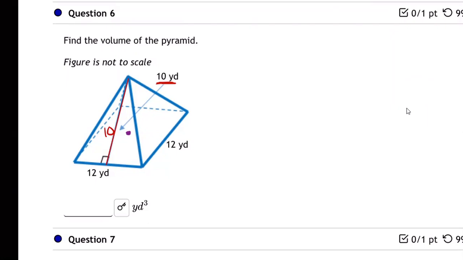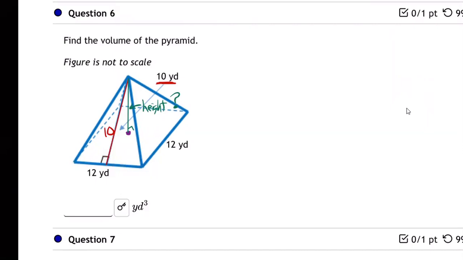And I'm going to go straight down from the top, straight down at 90 degrees. There it is. That's the height, which we don't know. We're going to have to find it. You with me? That's the height.